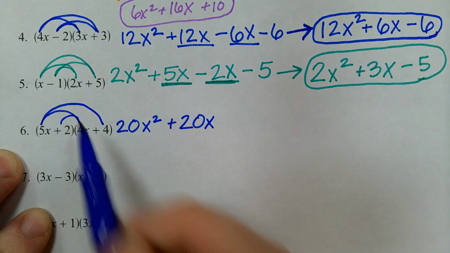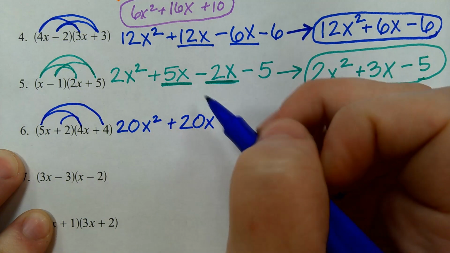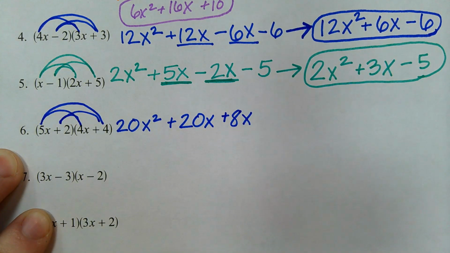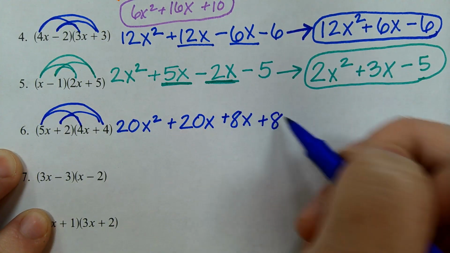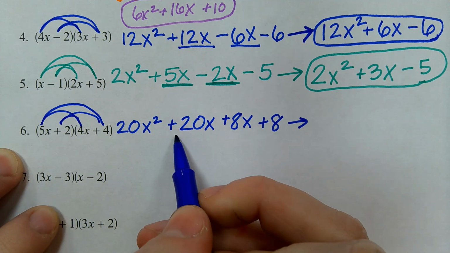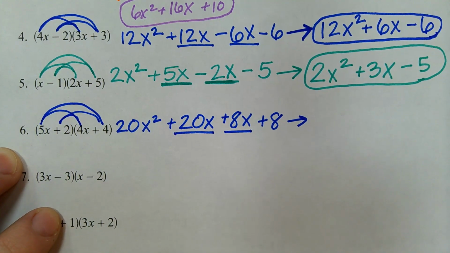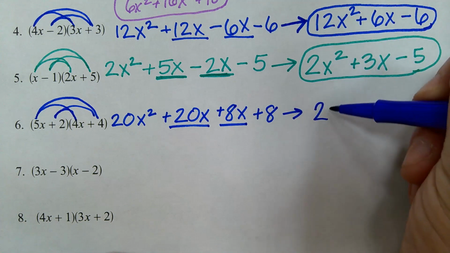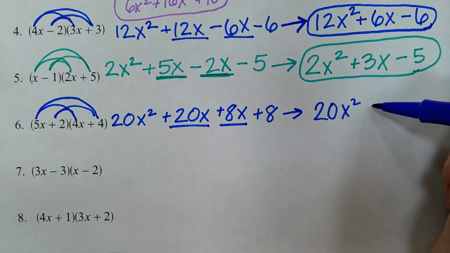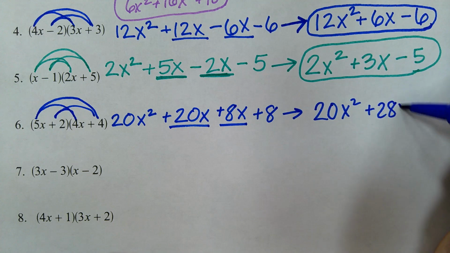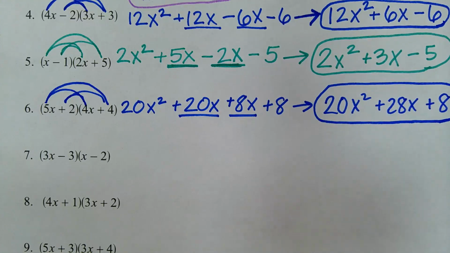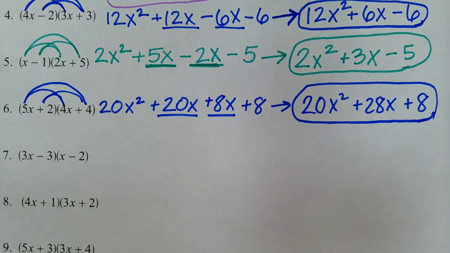And now we've got 2 times 4x, 8x. And 2 times 4, which is 8. Okay. We have things to combine. 20 plus 8 is 28. So 20x squared plus 28x plus 8. Awesome. Very good.